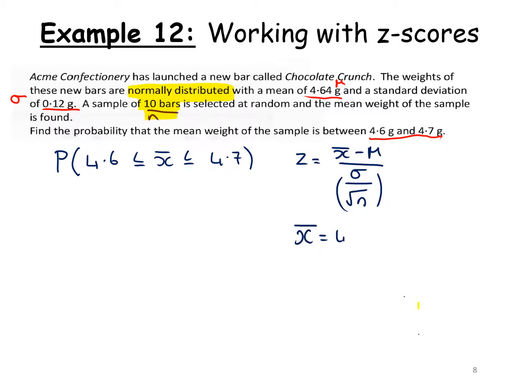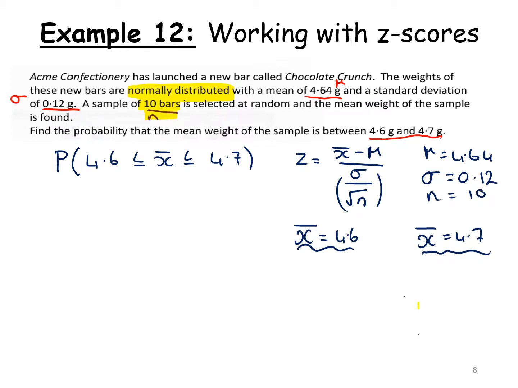We have to do x bar equals 4.6. That'll be 1. And we'll do x bar equals 4.7. That's the other one. We have mu, which is equal to 4.64. We have standard deviation sigma 0.12, and n is equal to 10. So that will remain constant.